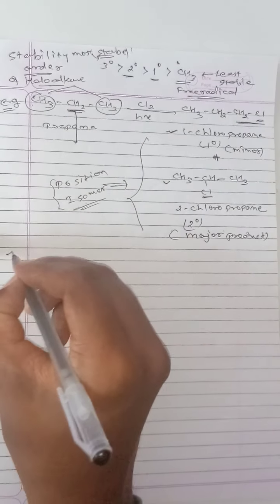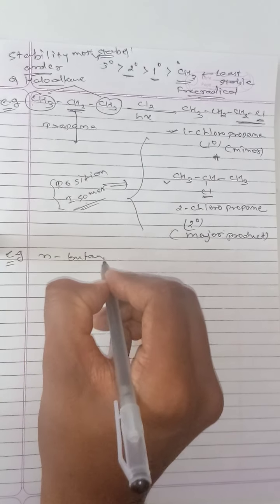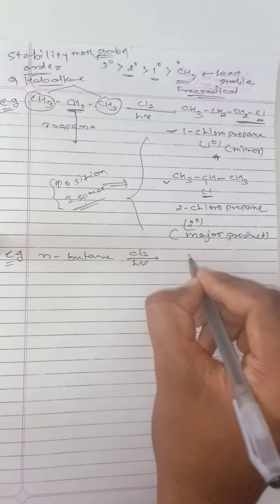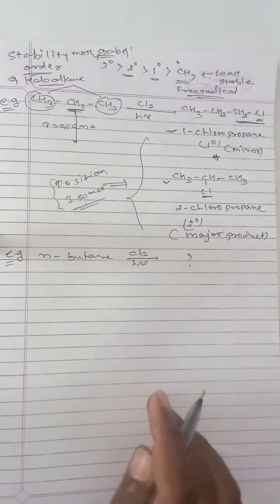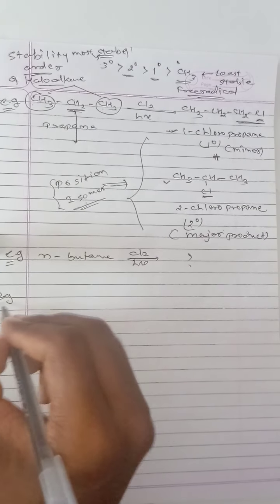So you can write here for normal butane on chlorination in presence of sunlight. Try yourself.